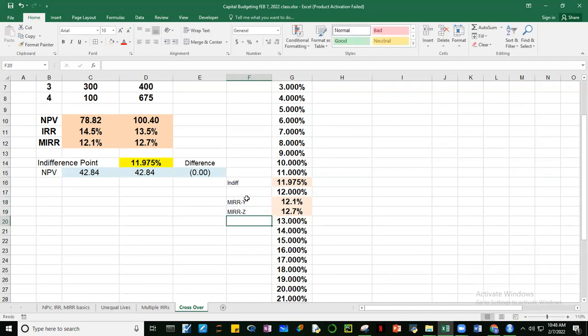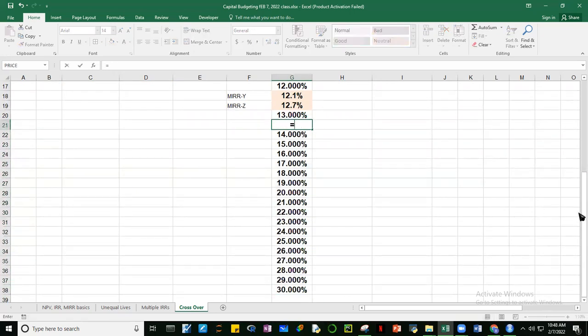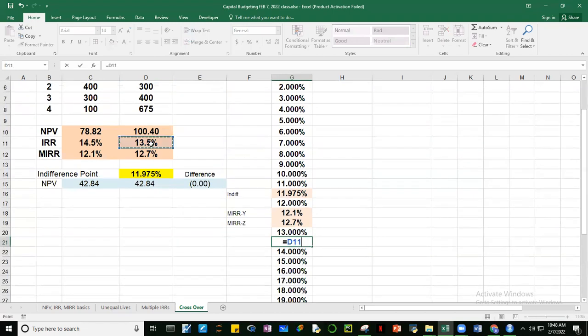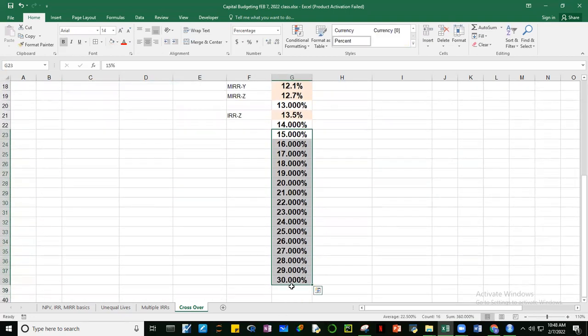Indifference. Tapos, ito na lang, 13.5. Sama natin dito si 13.5. This is equal to 13.5%. So this is IRR ni Z. And lastly, 14.5%. So that's after 14%. Guys, again, you may go now. No?